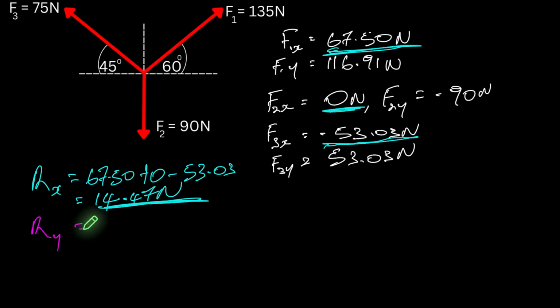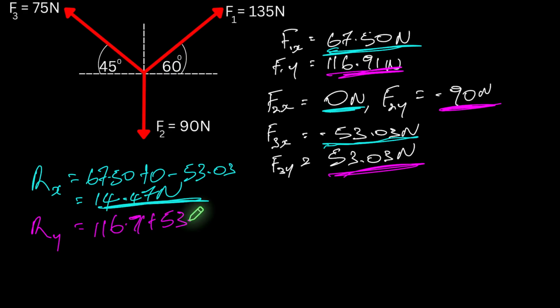Ry is going to be 116.91 plus 53.03 and minus our 90, and this gives us a sum of 79.95 newtons. Okay, so let's now represent this graphically.